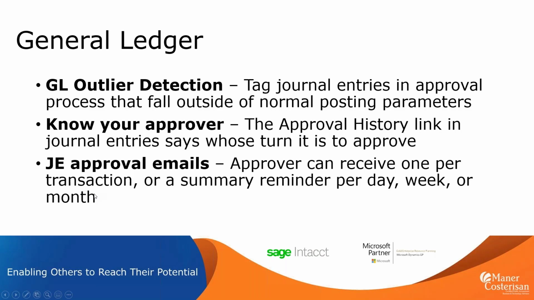And then finally, surrounding when journal entry approvals are sent out, Intacct will now give you the ability. Once again, traditionally, approvers would get one email per entry when they had something to approve, which works all right when you only have a journal entry here and there to approve.